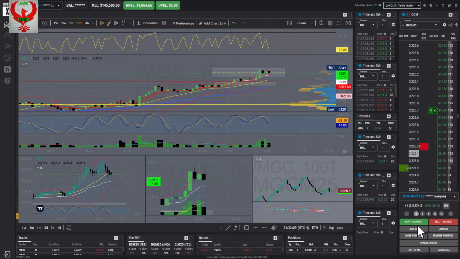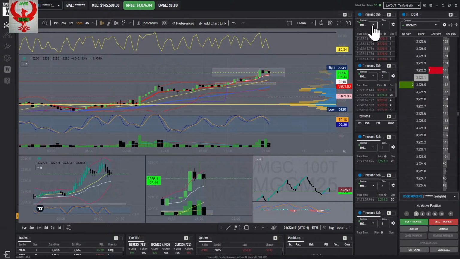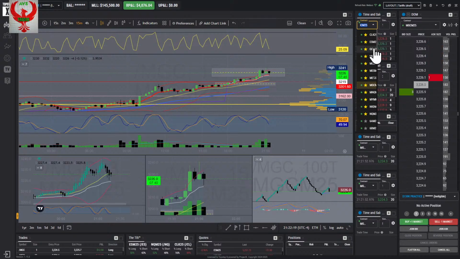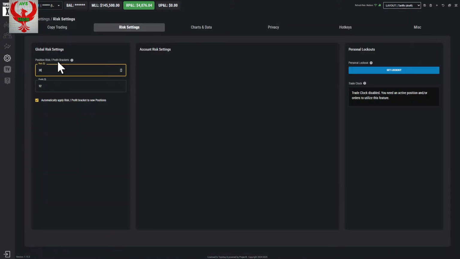And then you continue to size up. I'm averaging 10 points a day on one mini. 10 points a day is not difficult. Averaging it over a long period of time is more difficult, but on a mini you're averaging an extra $200 a day, and then you size up.